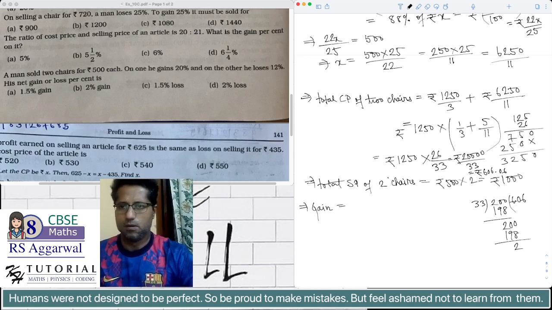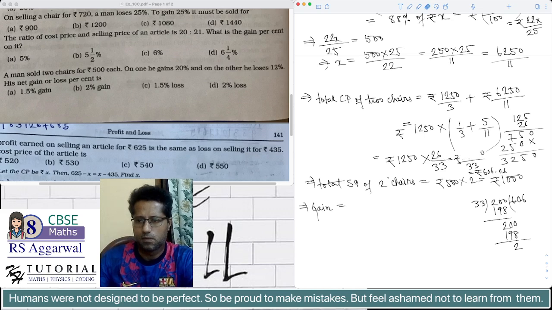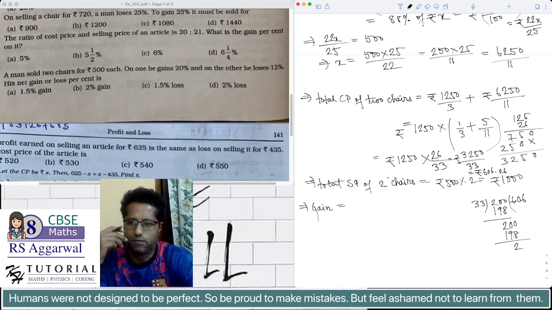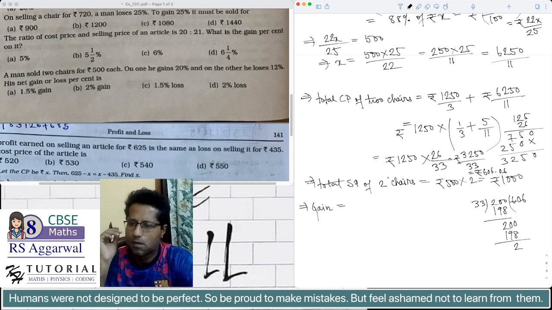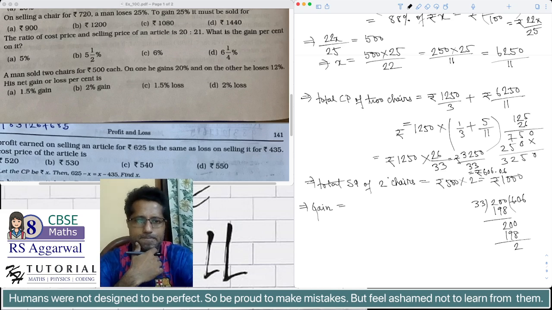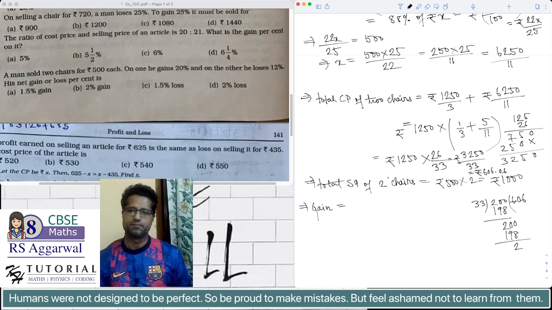So this is 3250 divided by 33. We have to see what 3250 divided by 33 is.